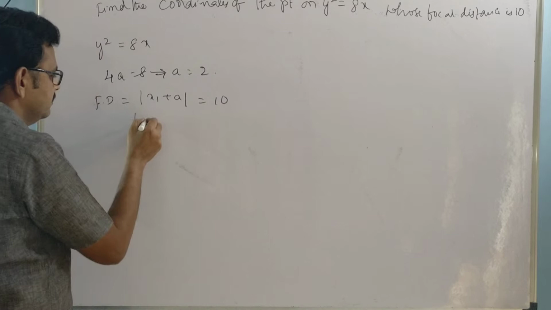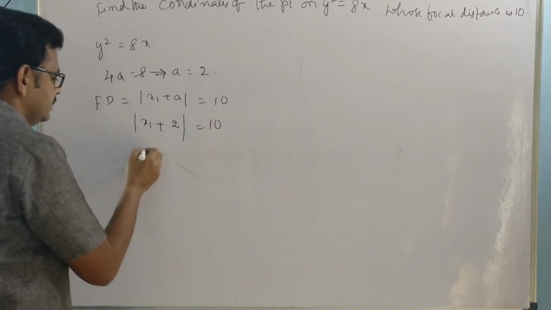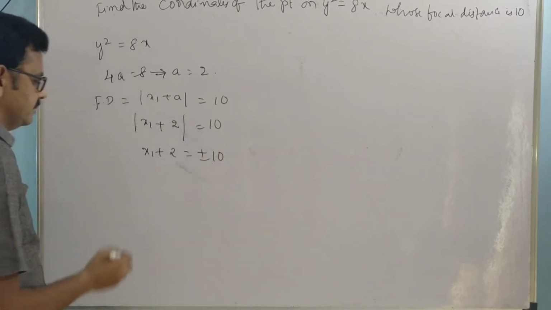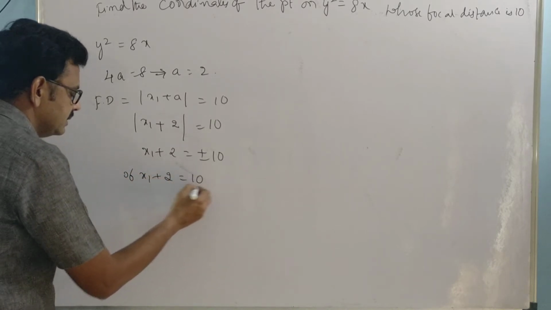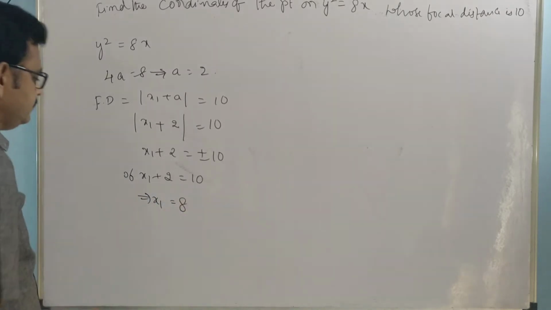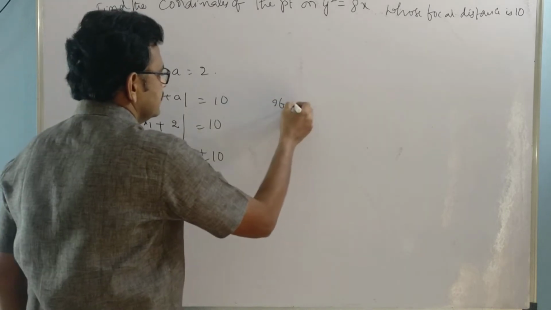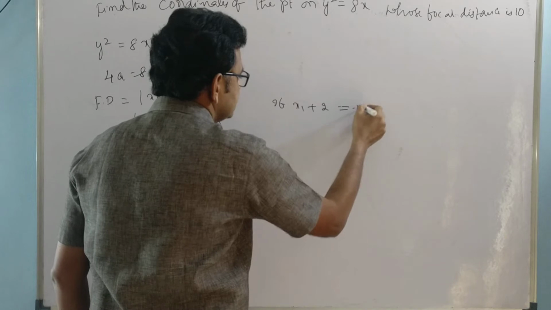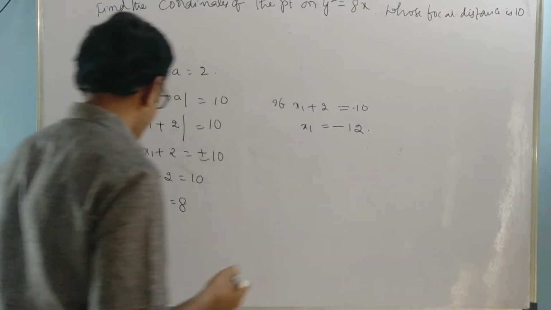So mod of x1 plus 2 is equal to 10, which implies x1 plus 2 is equal to plus or minus 10. If x1 plus 2 is equal to plus 10, x1 is equal to 8. If x1 plus 2 is equal to minus 10, x1 is equal to minus 12.